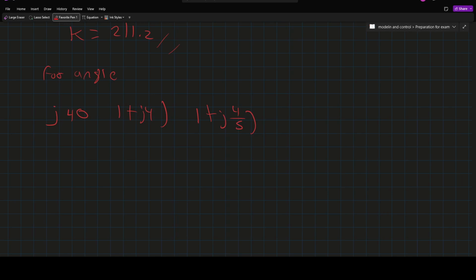We just saw in the Bode plots, when we have a j, the phase is going to be 90 minus inverse tangent of 4 over 1, the imaginary part over the real part, minus inverse tangent of 4 over 5 over 1.